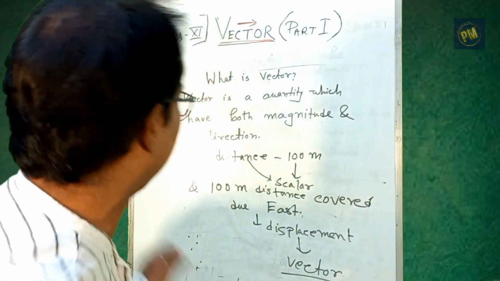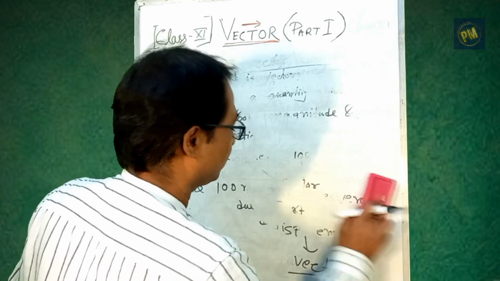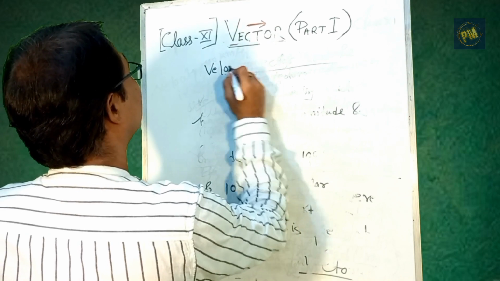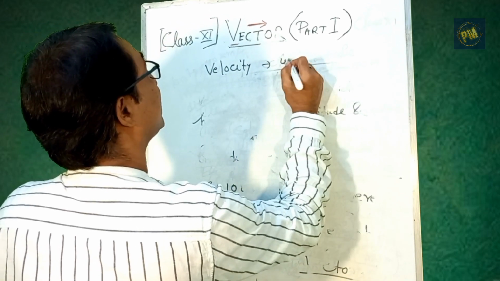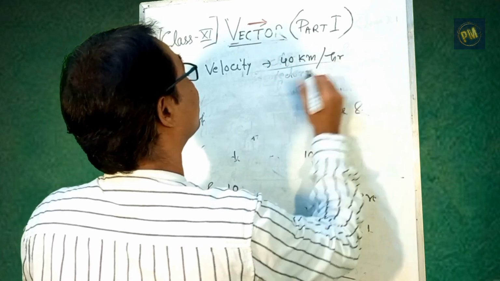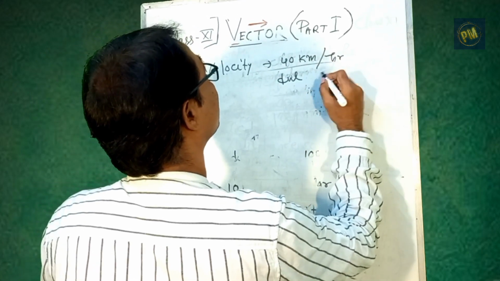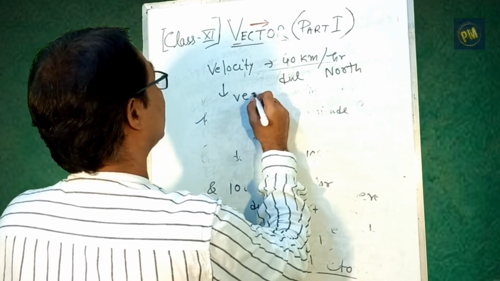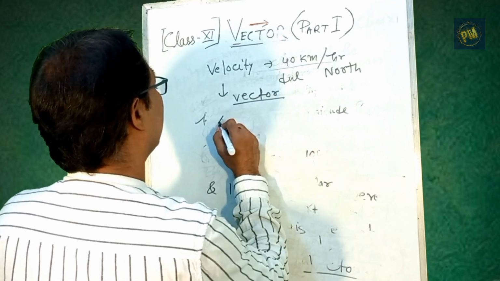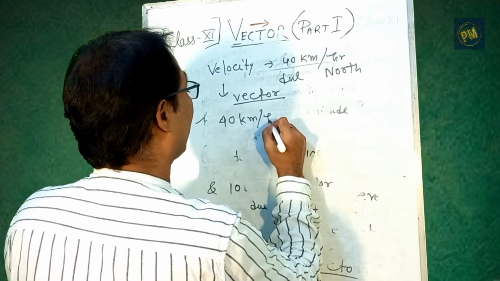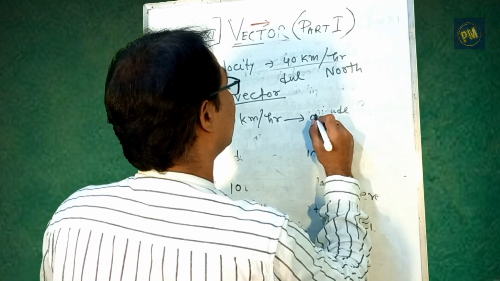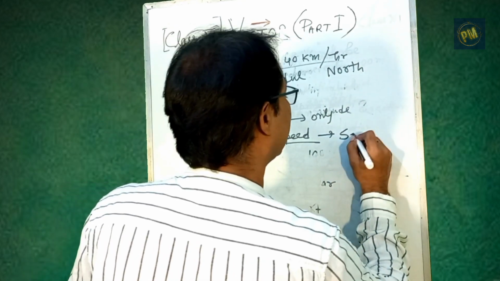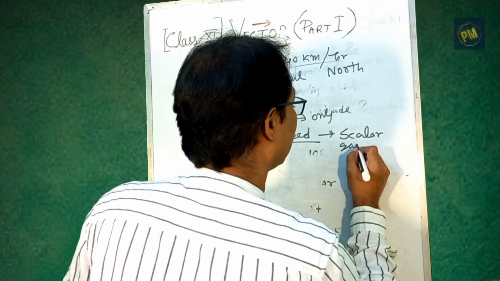So, velocity 40 km per hour due north, it is a vector quantity, and 40 km per hour only, this is the speed and this is a scalar quantity.